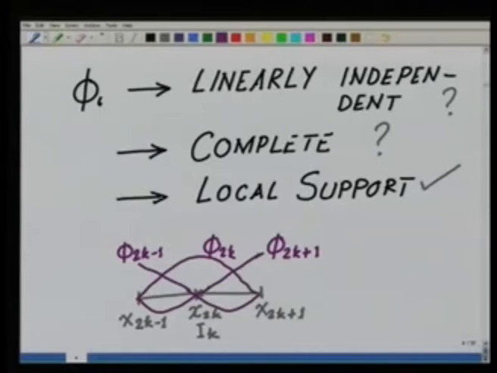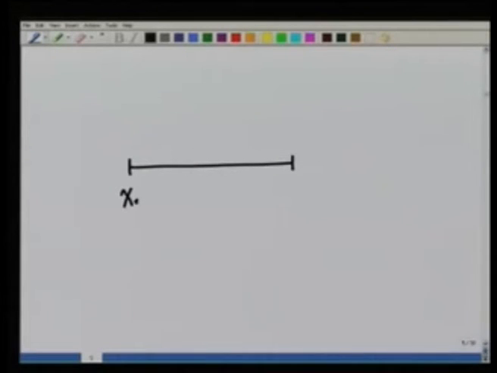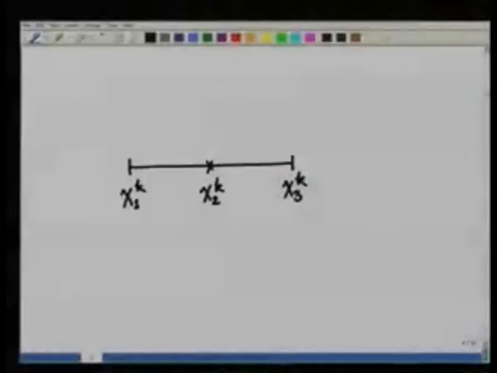So let us now transform this to the element notations that we had introduced earlier. From our element notation point of view, in the element, I will call the first node x1 of element k, the second one x2 of element k, and the third one x3 of element k.